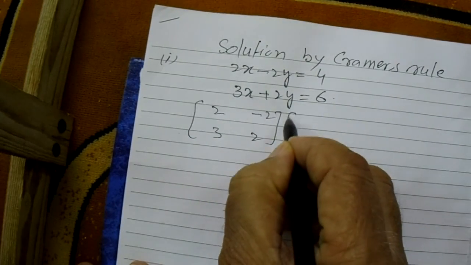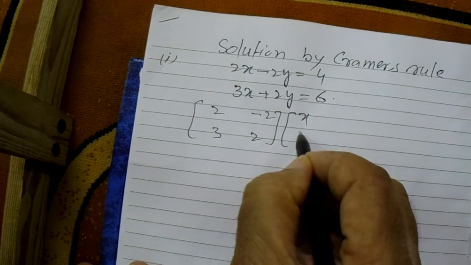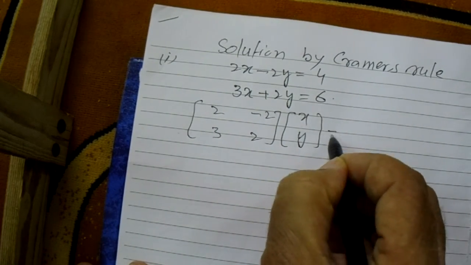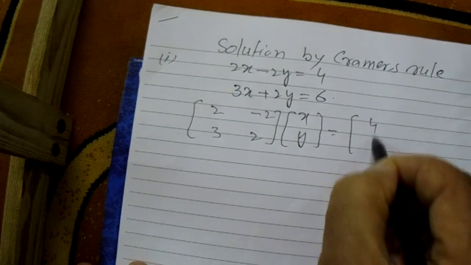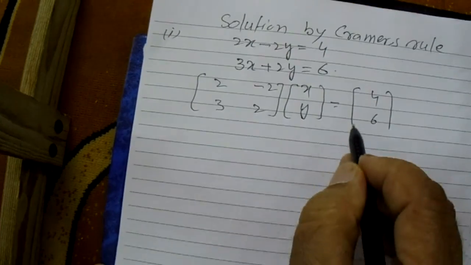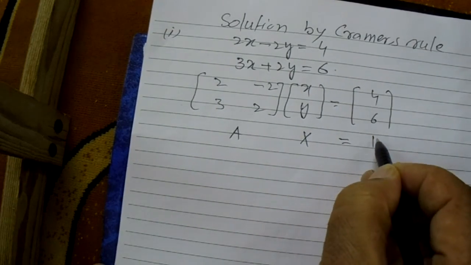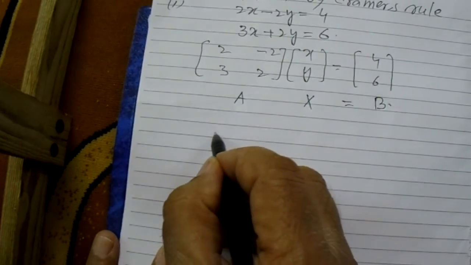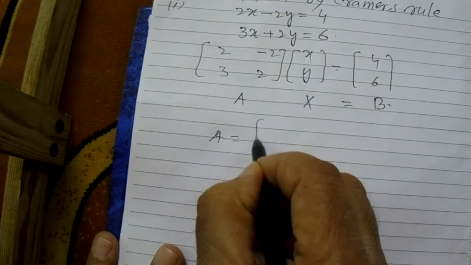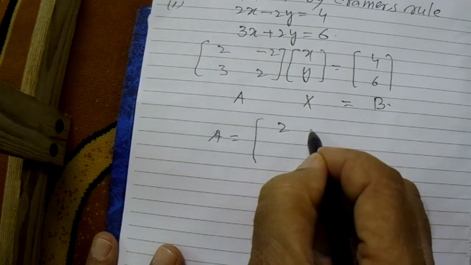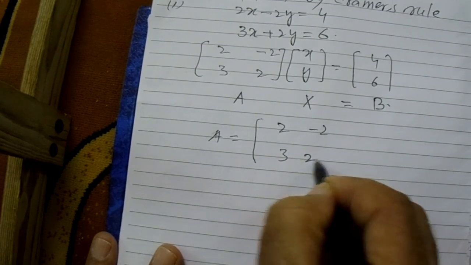Again we write the variables X and Y equal to 4 and 6. Now we have A, this is our X, this is our B. Now A is this matrix 2, -2, 3, 2.